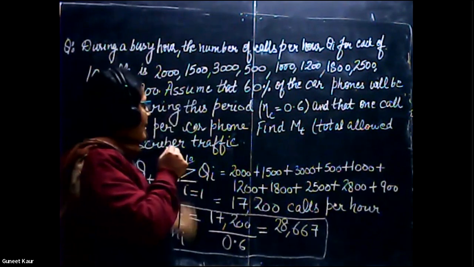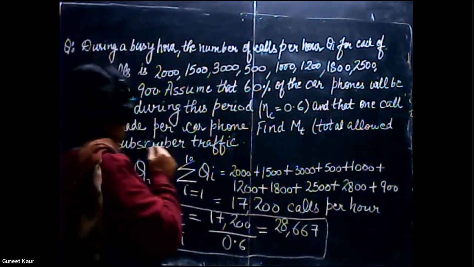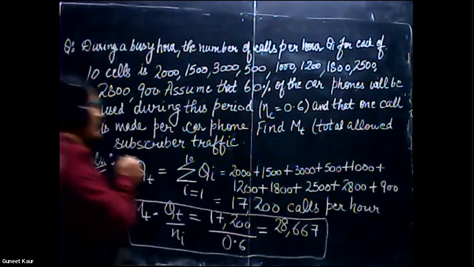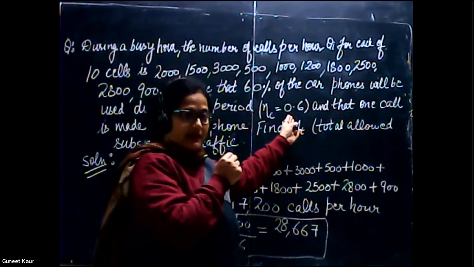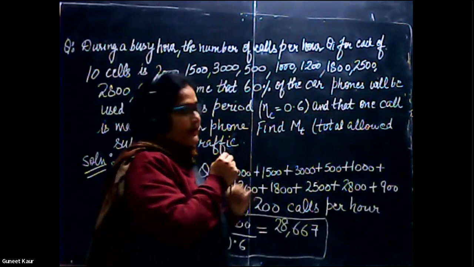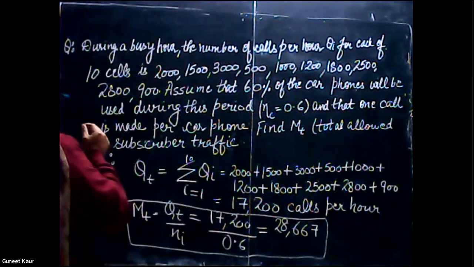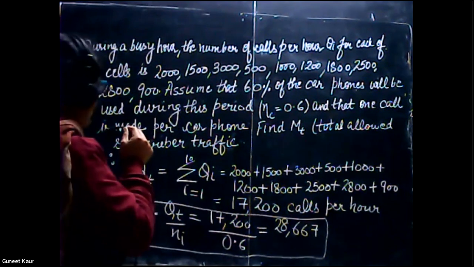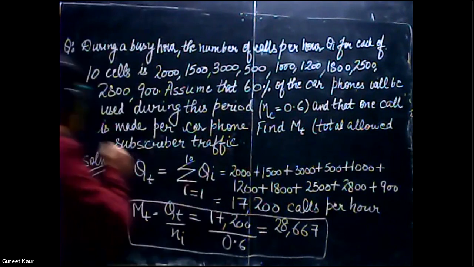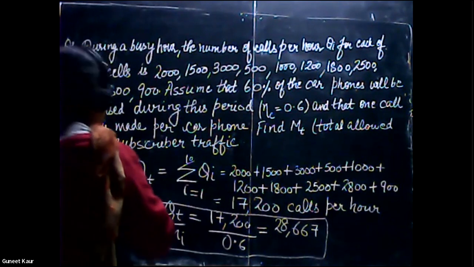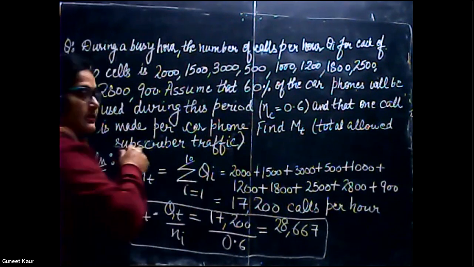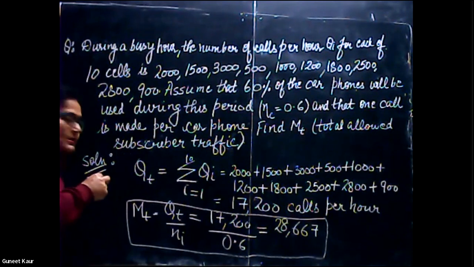If I assume that 60% of the mobile phones or car phones are used during this period, the efficiency will be 0.6, and that one call is made per hour per car phone. Find M_T, that is, the total allowed subscriber traffic, or the number of customers in the system.